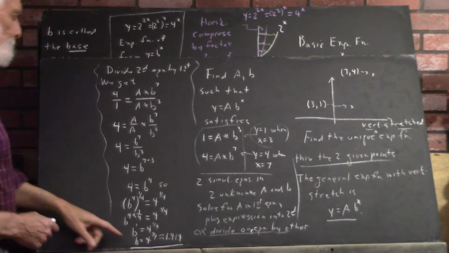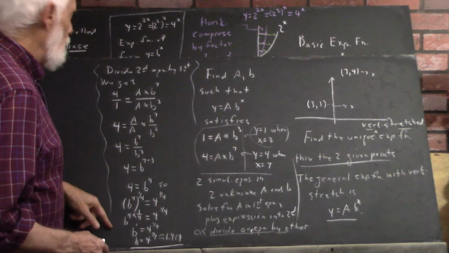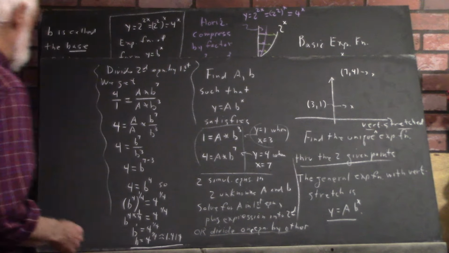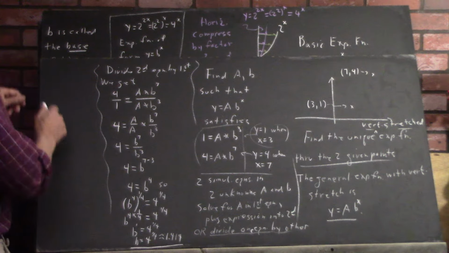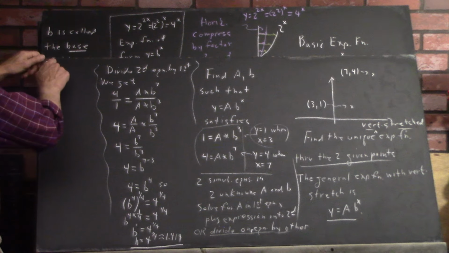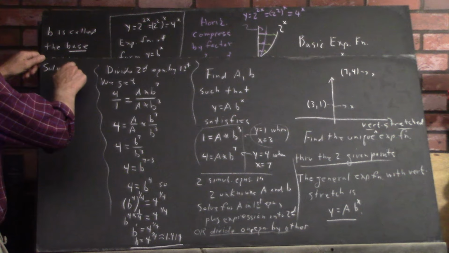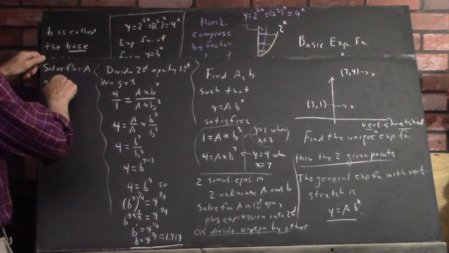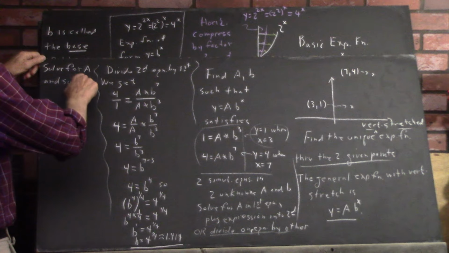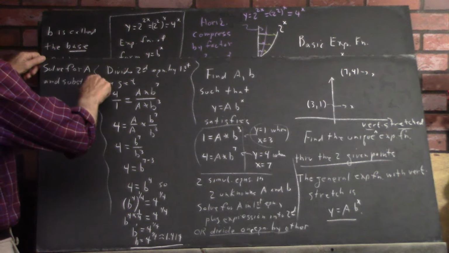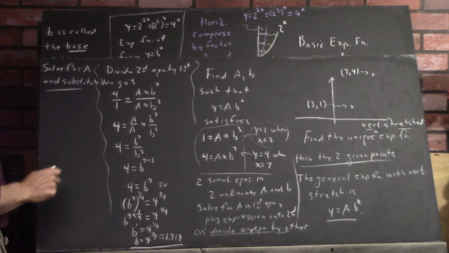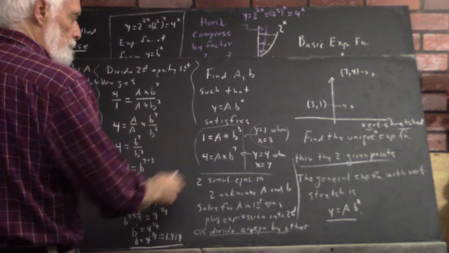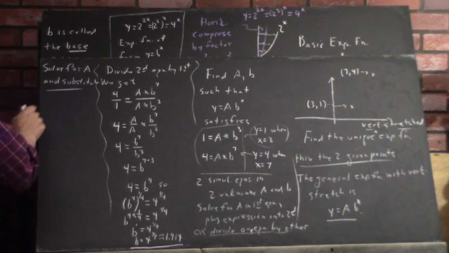Okay, well, that illustrates one way of solving this problem. Another way of solving it is to solve for A and substitute, meaning we can solve for A in either equation.